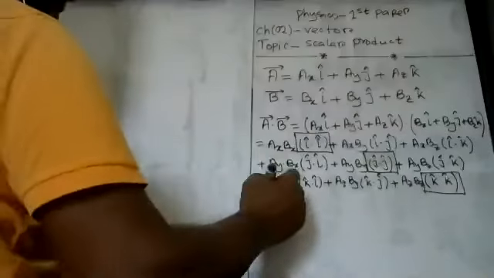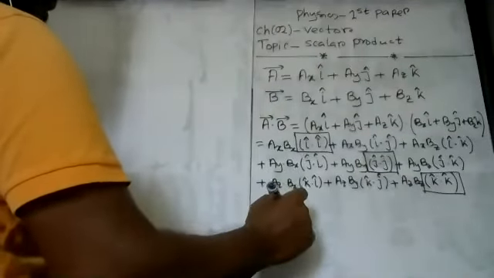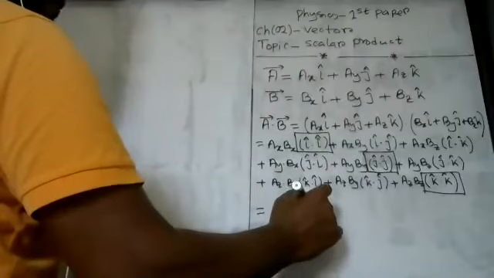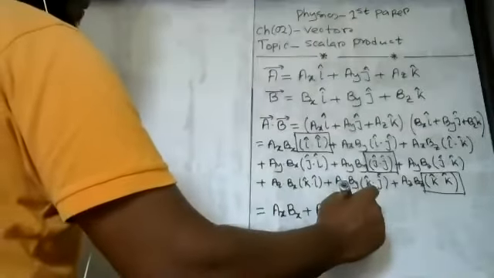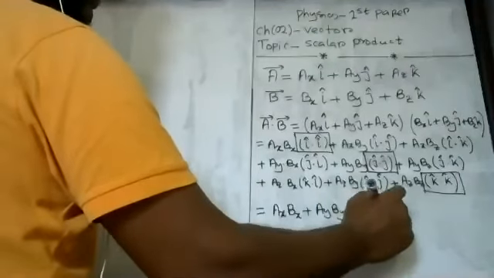So the answer is ax bx plus ay by plus az bz.